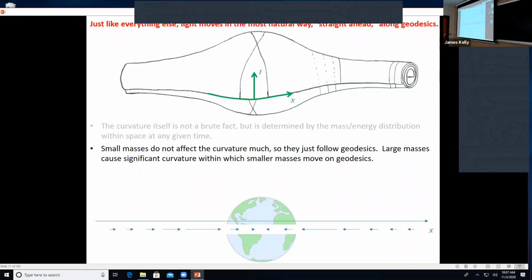Those do curve space-time significantly. But if you have a small mass, even a grand piano, automobile, a house, those are all small masses. They're so small on the grand scheme of things, they don't affect the curvature of space so much. So they just follow along geodesics of the shape of space-time that's determined by larger masses than them. But large masses can cause significant curvature within which the smaller masses move.